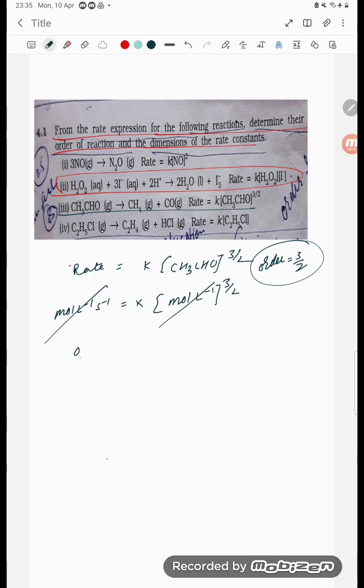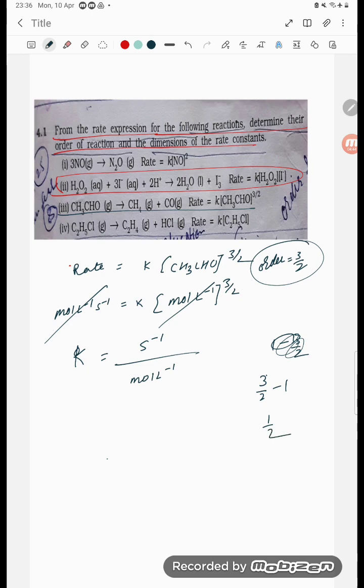So what will be there, students? The K value is going to be second inverse divided by mole liter inverse. So 1 is out, students. It means what is left, students? 1 minus 3 by 2, or you can say 3 by 2 minus 1.